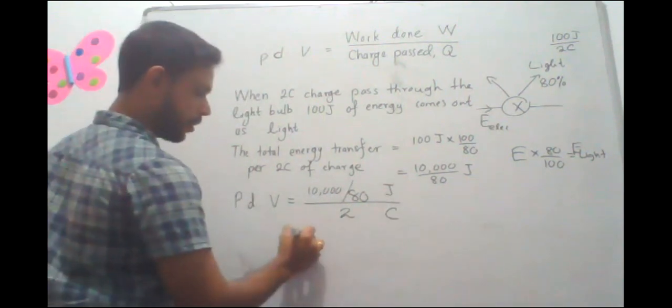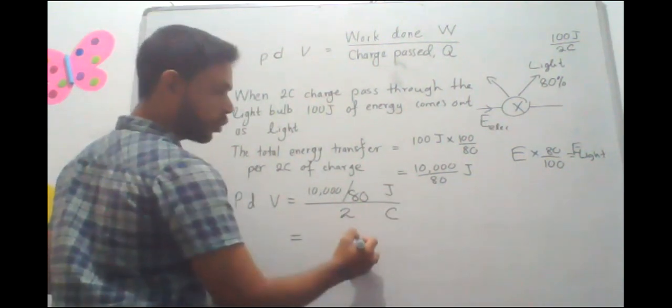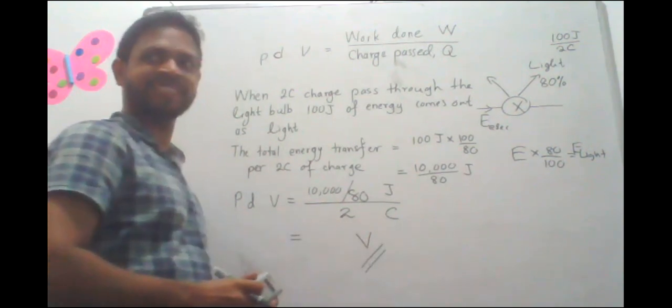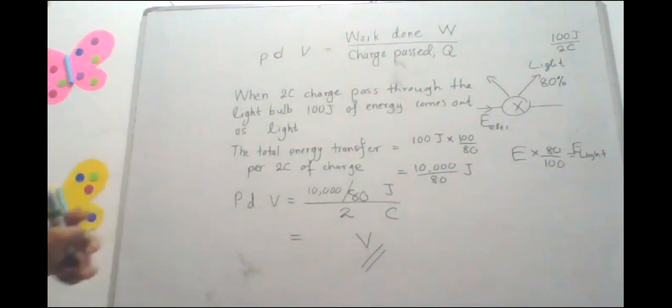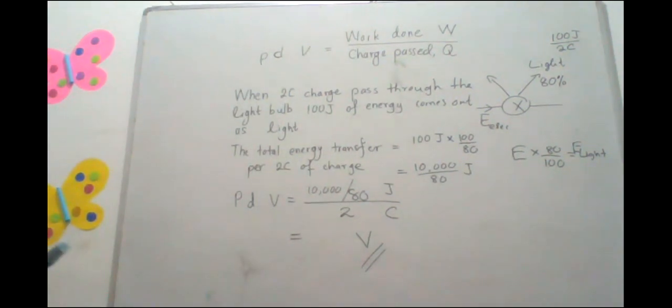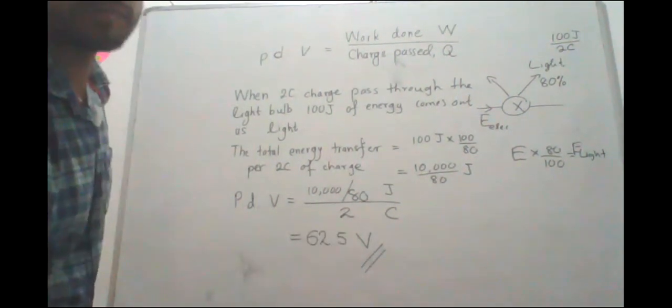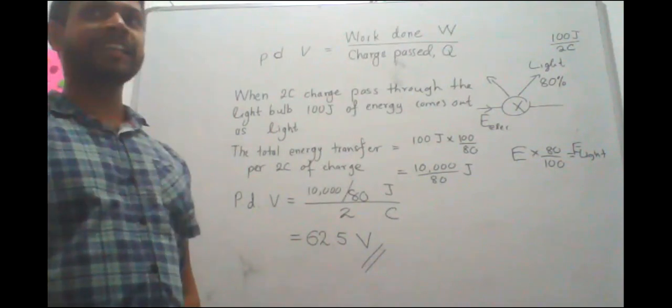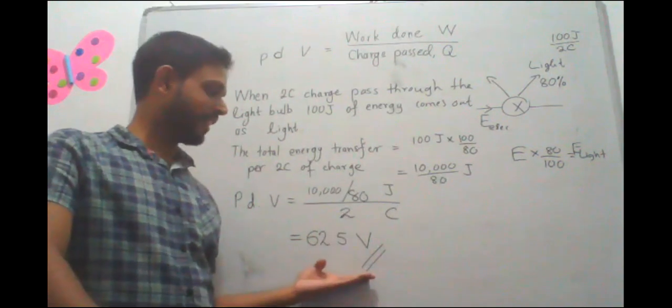So you can get the answer in joules per coulomb or volts. It should be 62.5 volts. Right? That is the potential difference.